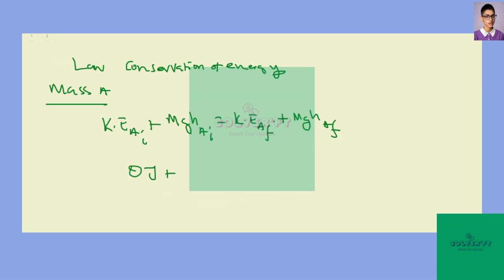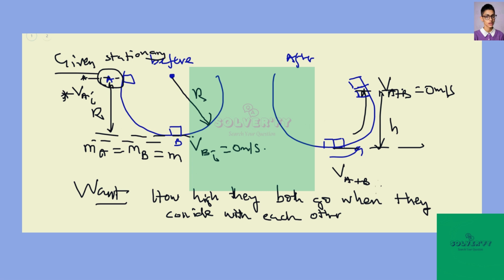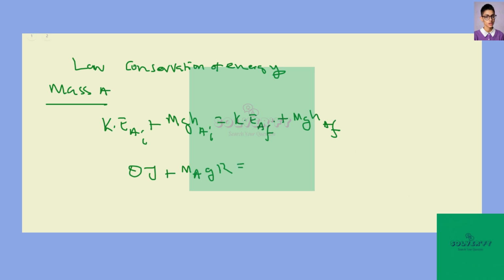And then we have the mass of A times the acceleration due to gravity and the radius. This radius is the same as the initial height of A, and that's the replacement we have there.